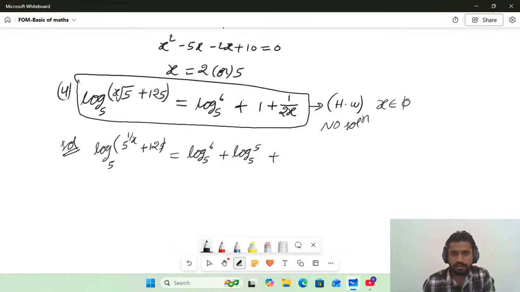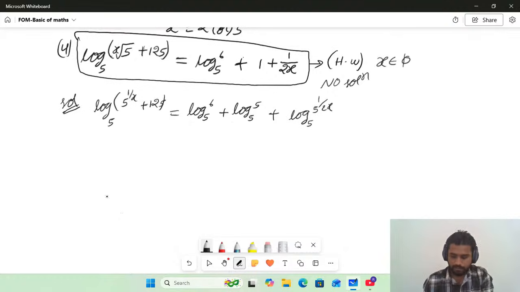Plus, how can we write 1 by 2x? We can write 1 by 2x as log 5 base 5 to the power 1 by 2x. Now what is the formula for log m plus log n? The formula is log mn.